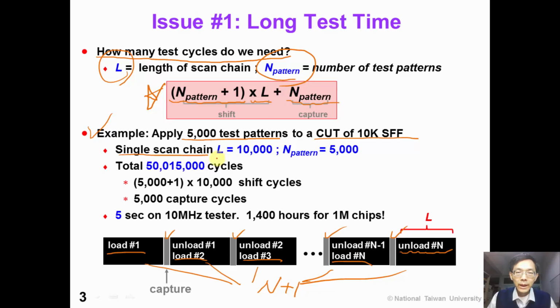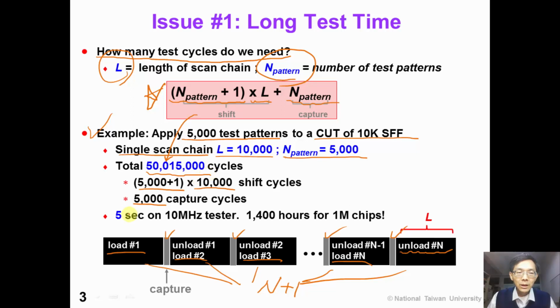So L is equal to 10,000, and the number of test patterns is 5,000. So we plug into this equation, we will get 5,001 times 10,000 shift cycles, and we have 5,000 capture cycles. Totally, we have 50 million and 15,000 cycles.